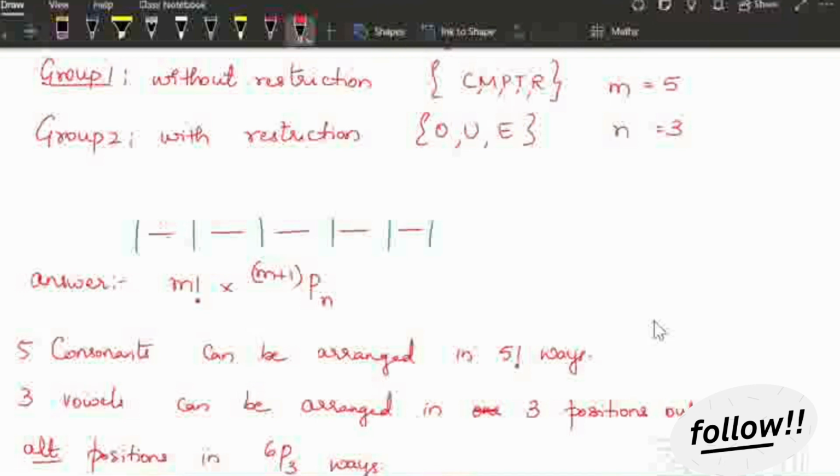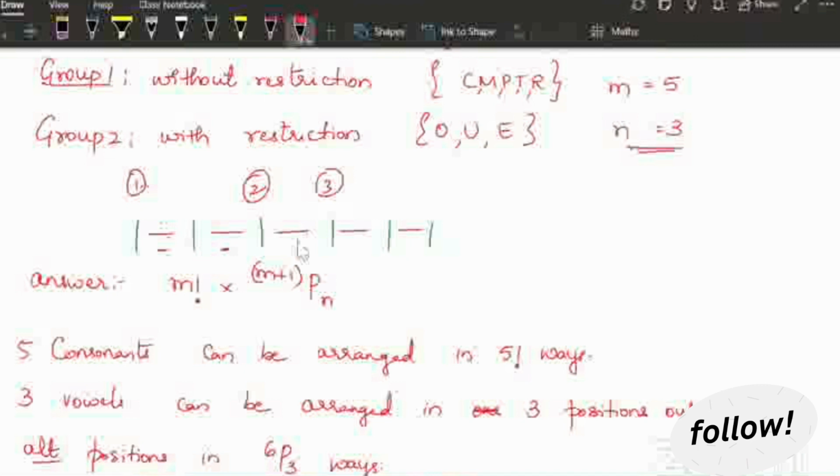So now what do you mean by this filling it in the alternate positions is, see, these 3 letters are not supposed to be together, right? At least 1 letter must be there in between them. We can have more than 1 letter also in between them. Now, if I have 3 letters to be filled and I need 3 positions for this, let me take this as the first position, this is the second position, and this is the third position. Suppose. Now, between first and second vowels, I have 2 letters.